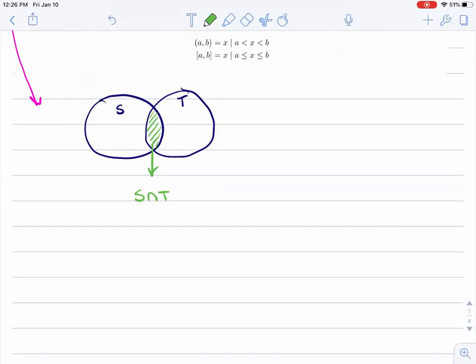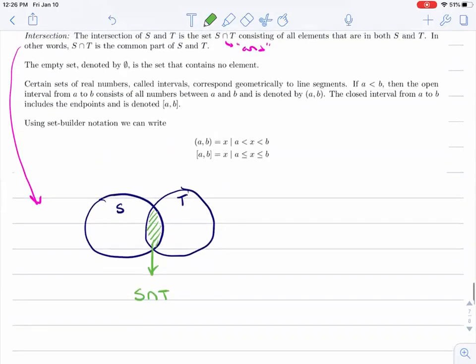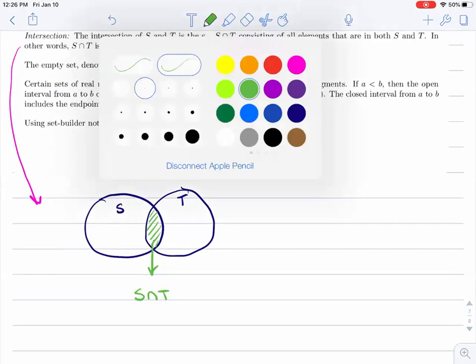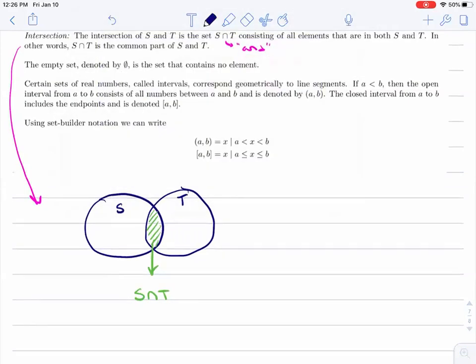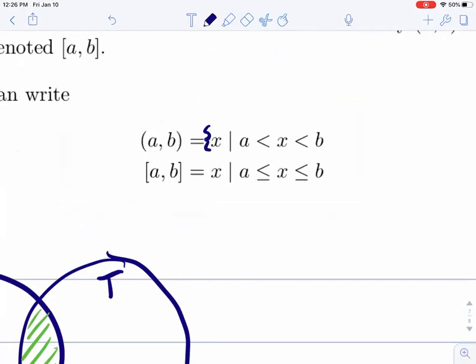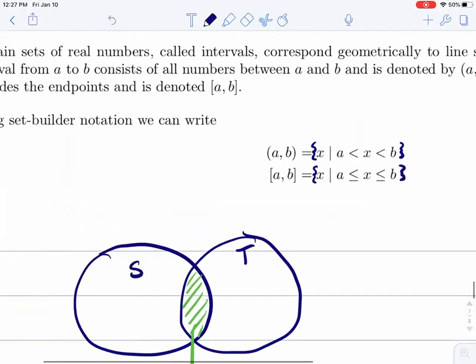It has to be in S and it has to be in T.